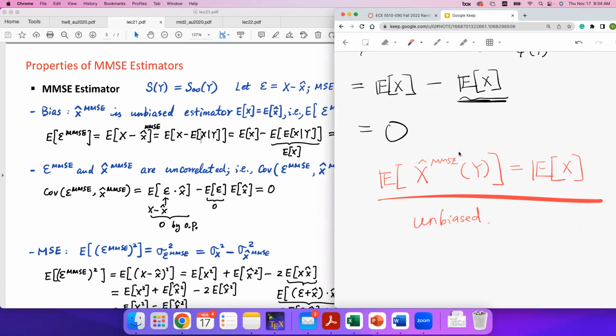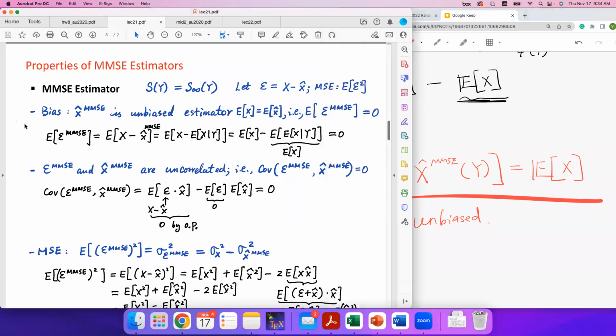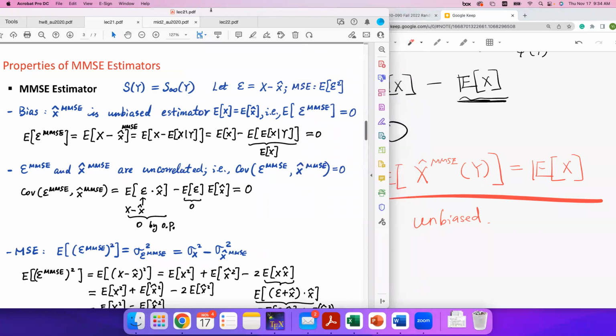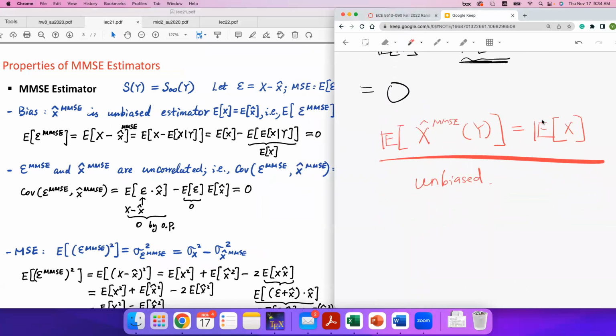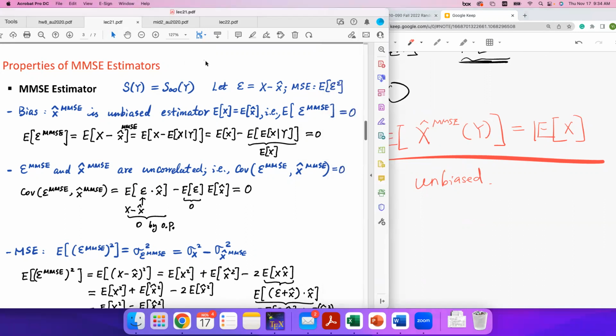Your estimator's mean value matches the mean value of your underlying random variable. So at least they coincide on this fundamental statistic, the mean value. At least the mean is accurately given by this estimator. This is one of the key messages.